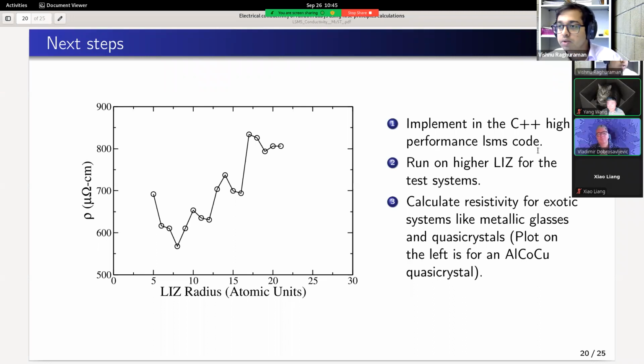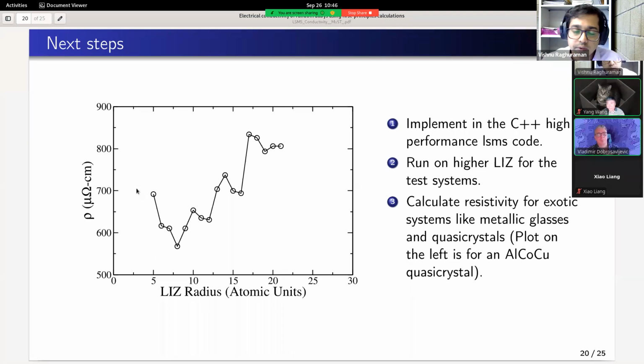Then we can resolve some of those plots that I showed before. Also, a big advantage of this approach as opposed to CPA is that you can study systems like metallic glasses and quasi-crystals, where there is significant displacement from an ideal periodic crystal, and incorporating that in CPA is harder.